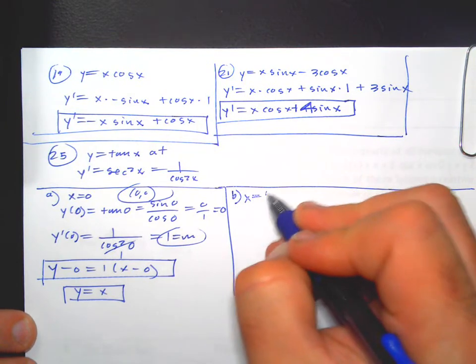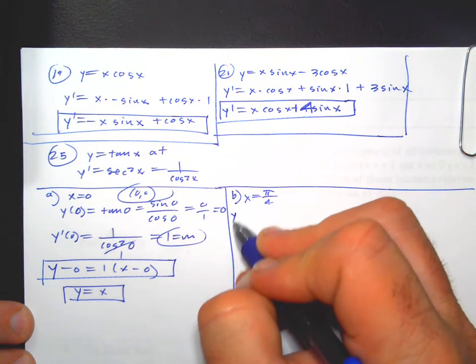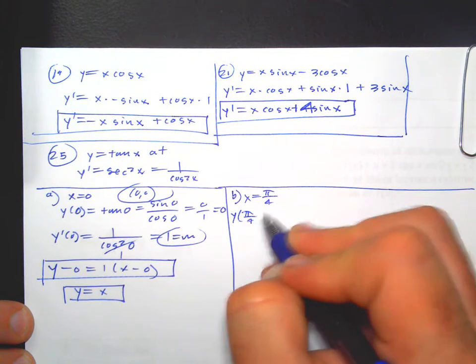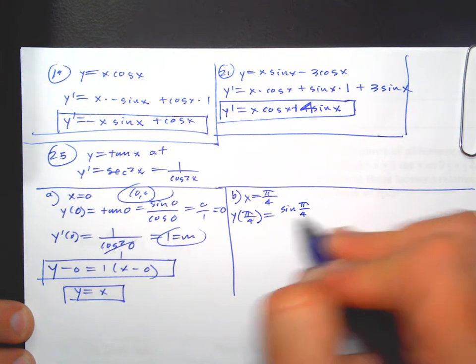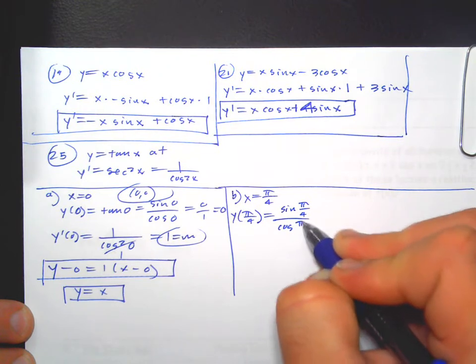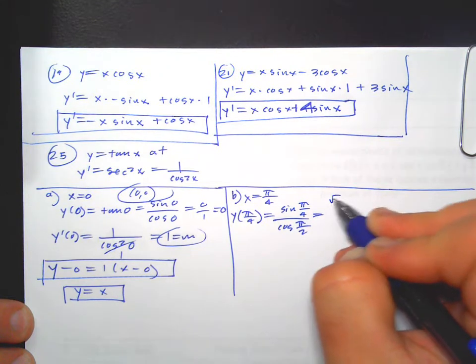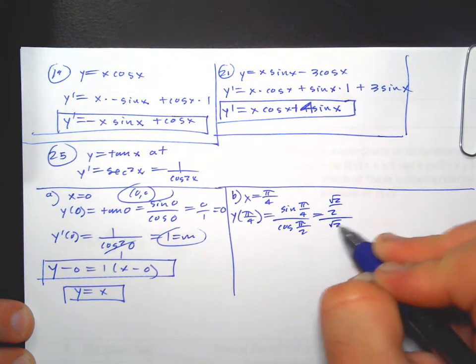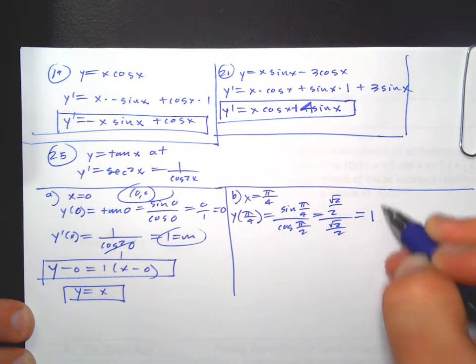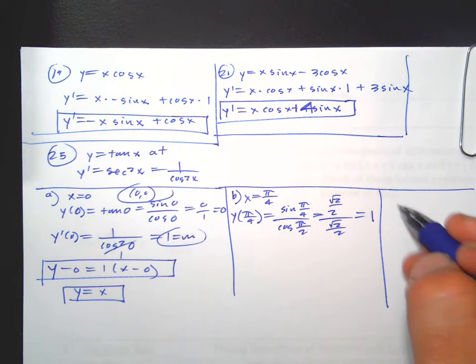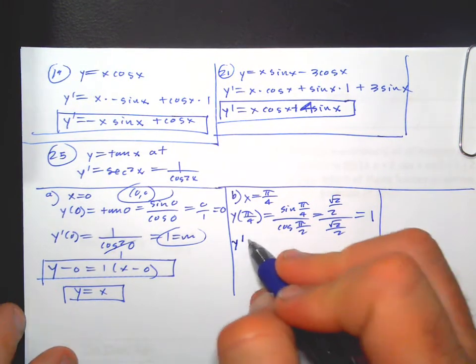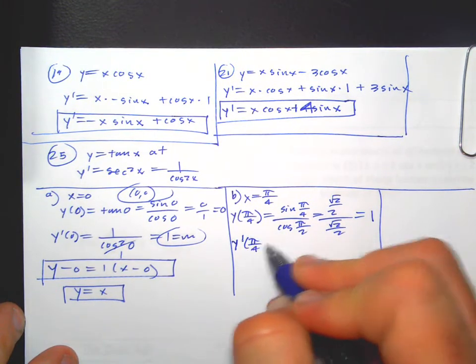Part B, x equals pi over 4. So y of pi over 4 equals sine of pi over 4 over cosine of pi over 4, which is root 2 over 2 over root 2 over 2, gives you 1. So the point is that xy pair. Then we need the slope, y prime of pi over 4.